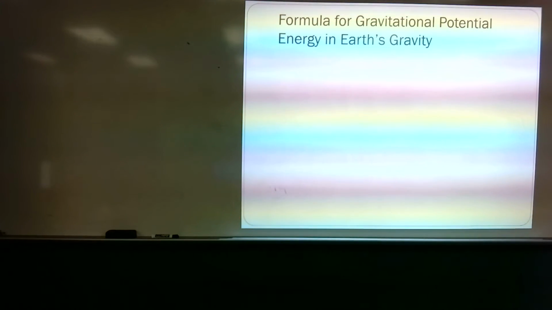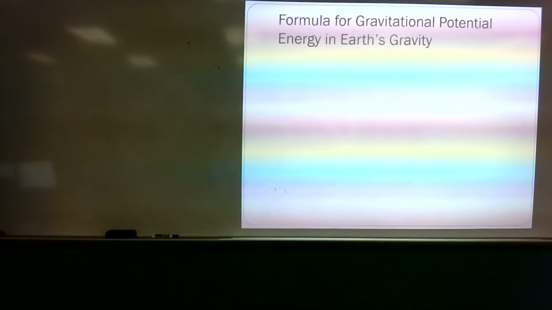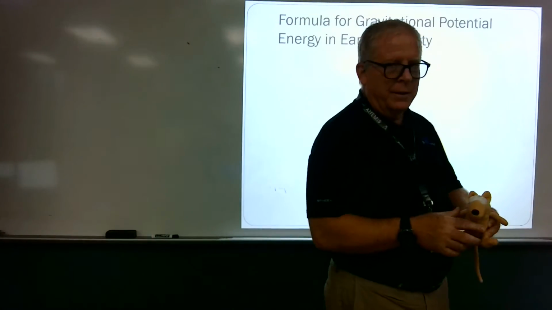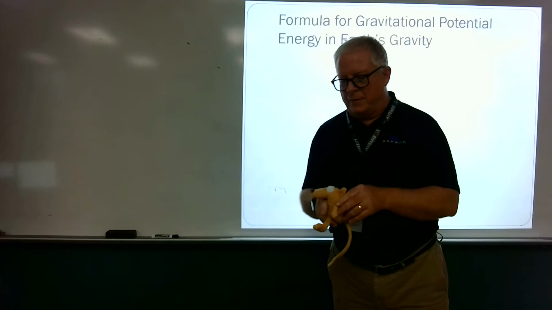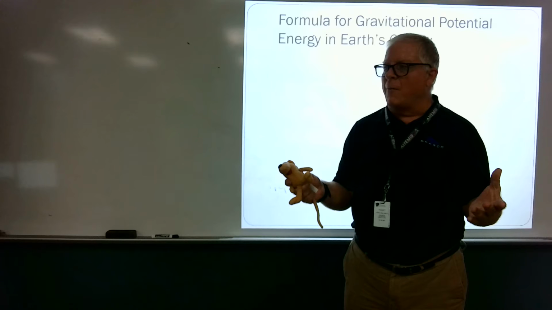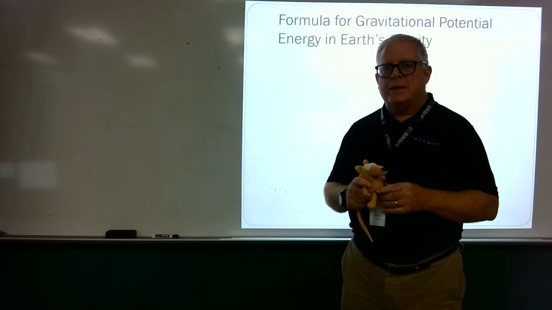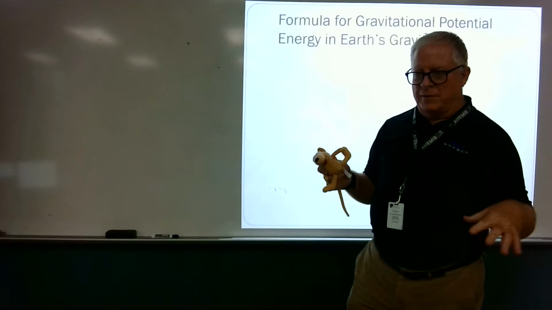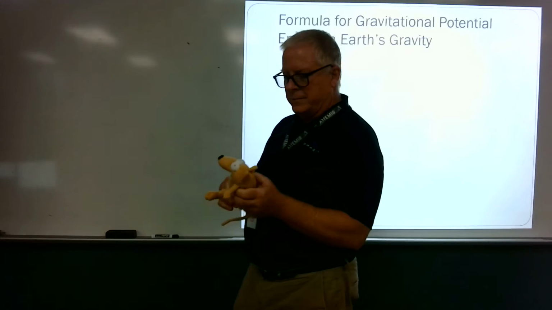So, here's the idea. We know that when we talked about the force of gravity, we got a formula for the gravitational potential energy near the surface of a planet where the gravity field strength is a constant.